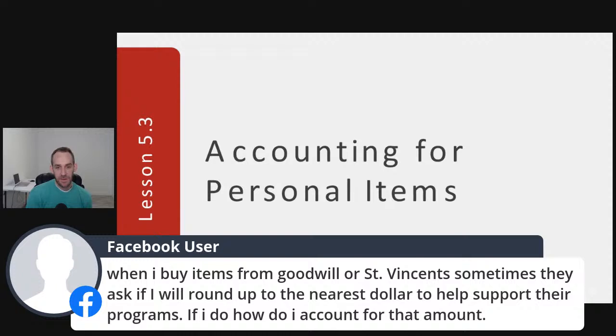When you buy an item from Goodwill, sometimes they ask if you want to round up to help support their programs. How do I account for that amount? Oh, that's a good question. Yeah, so that part would not become part of your inventory. That would be a separate charge that you would have to itemize out.